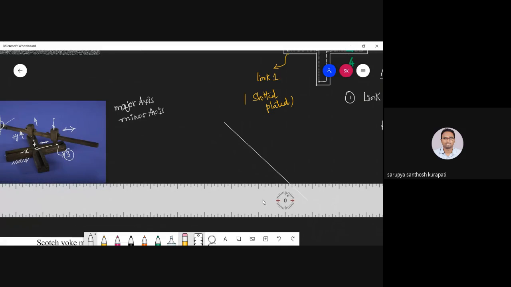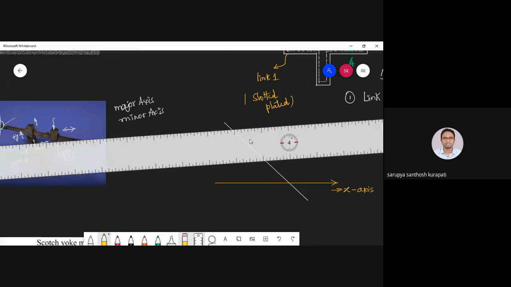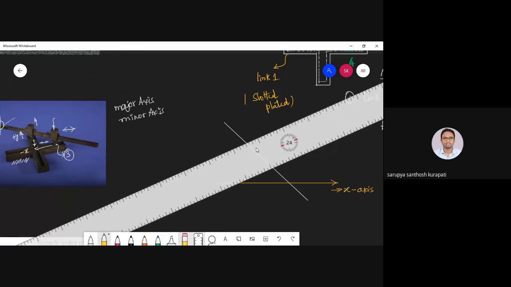So I'm just plotting the x-axis. This is my x-axis. I'll plot the y-axis.